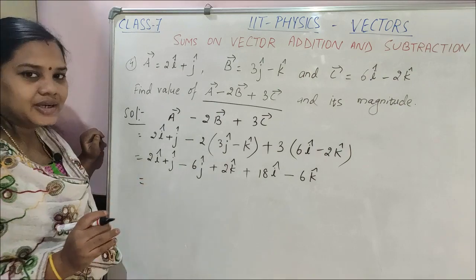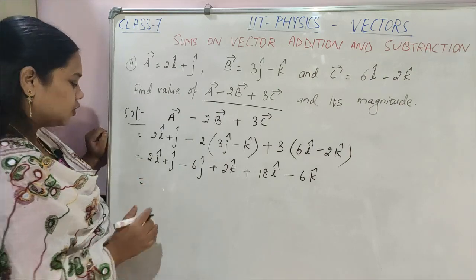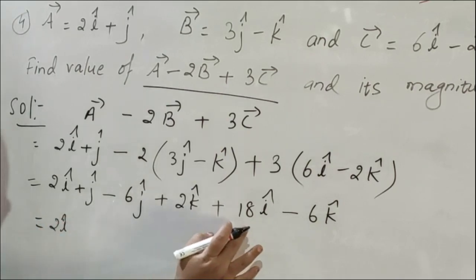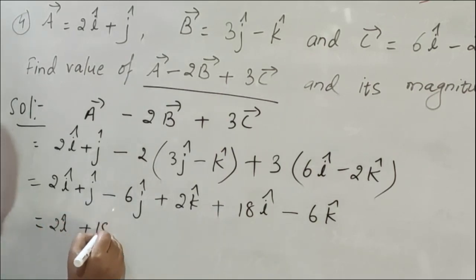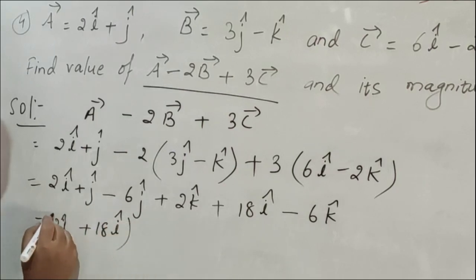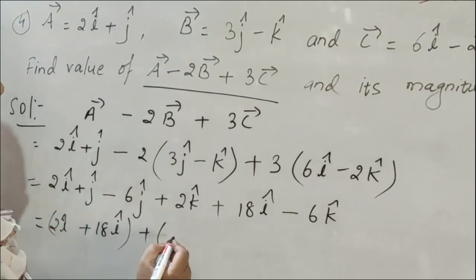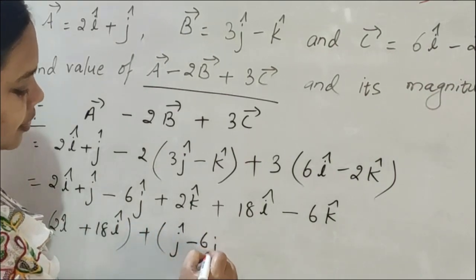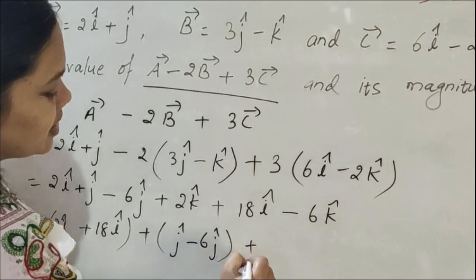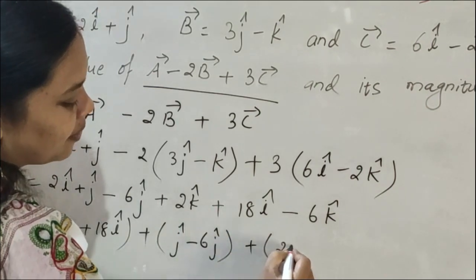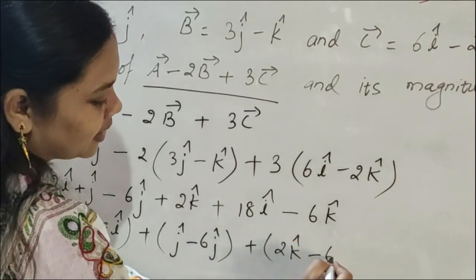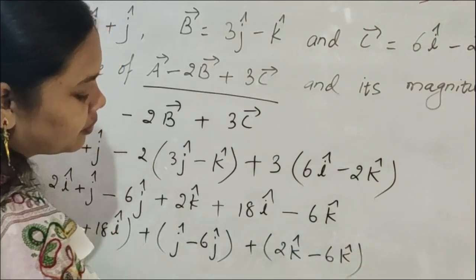Now you have to combine the same unit vectors. 2i cap, and where is the other i cap, plus 18i cap, these two together. Plus j cap minus 6j cap. Plus 2k cap, minus 6k cap.